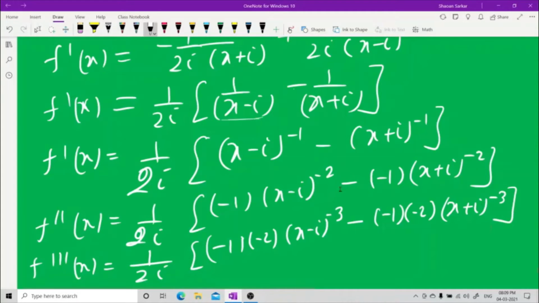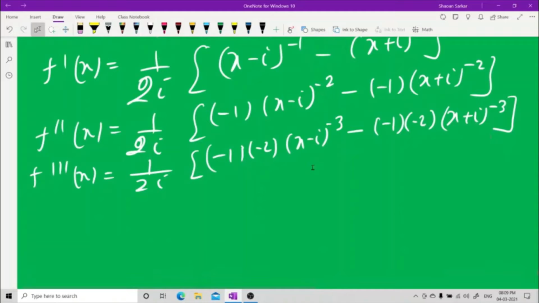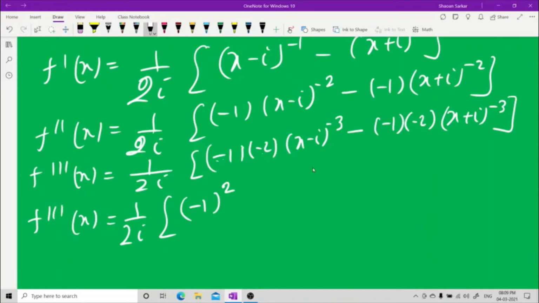Now you can write this like this. See, in the third derivative, 1 upon 2 iota, there are 2 minus 1 to the power of 2, and this is 1 into 2, and this is x minus iota to the power of minus 3.